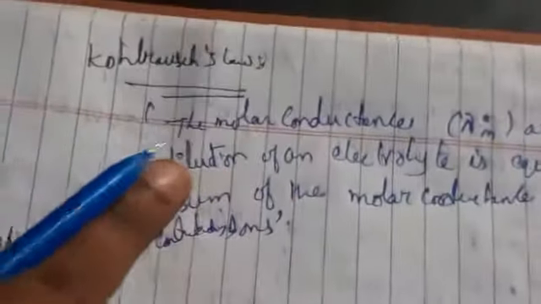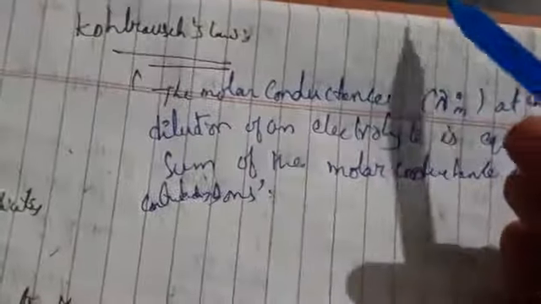But this explanation is not useful for weak electrolytes. Then what is the method to solve for weak electrolytes? That is Kohlrausch law.